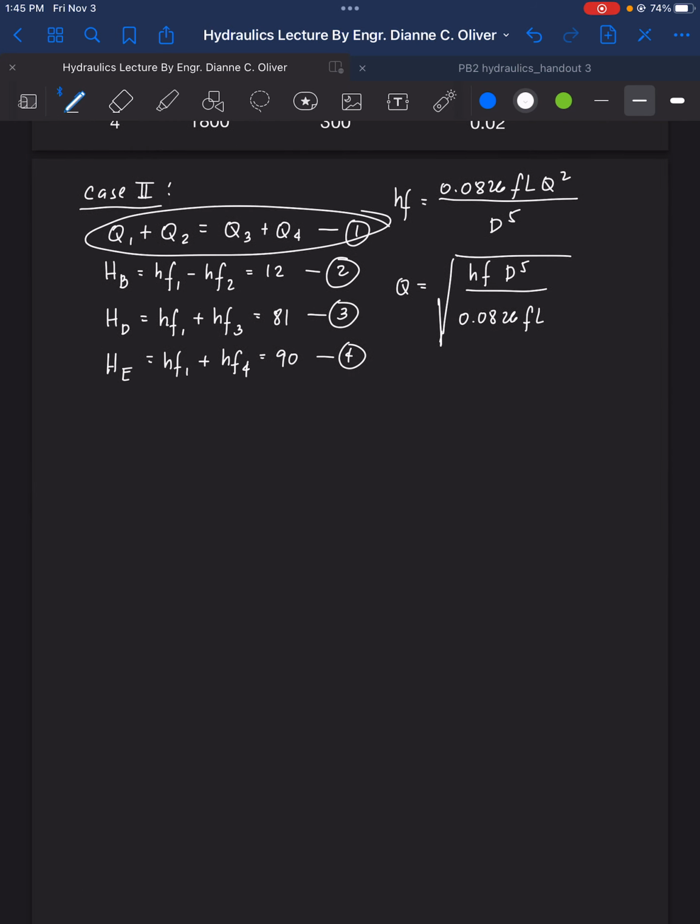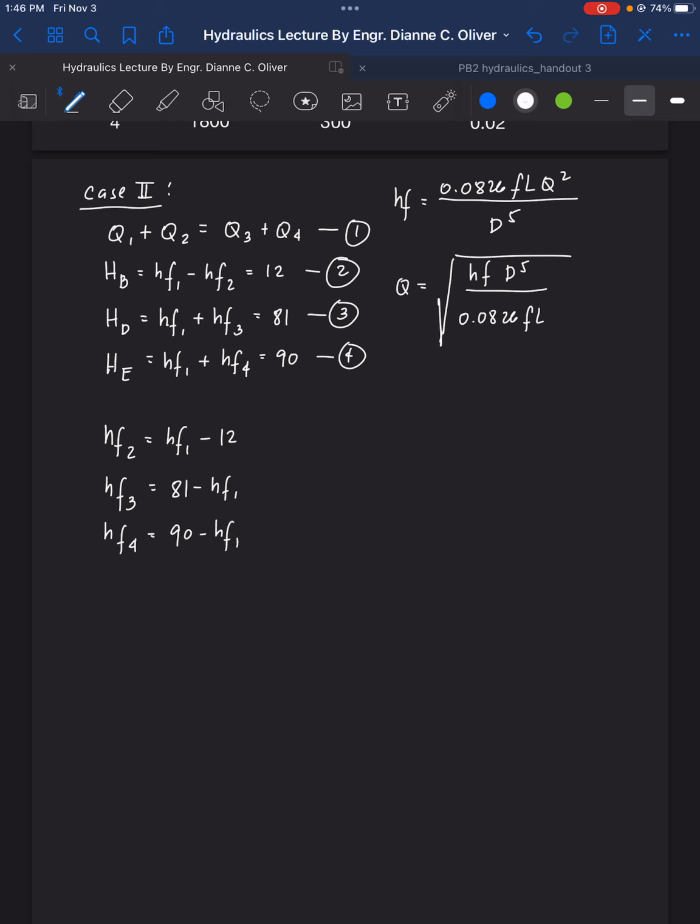So using the relationships, let's get all values of HF2, 3, and 4 in terms of HF1. HF2 is equal to HF1 minus 12. Then HF3 is equal to 81 minus HF1. HF4 is equal to 90 minus HF1.